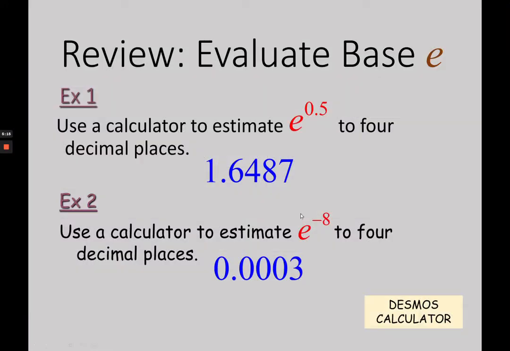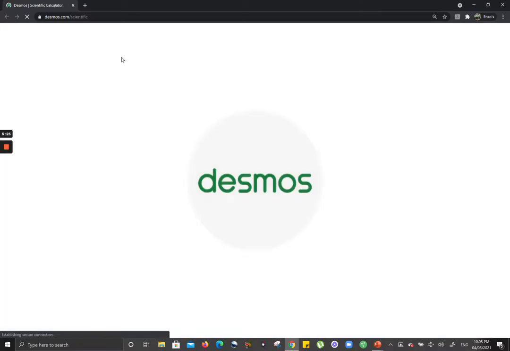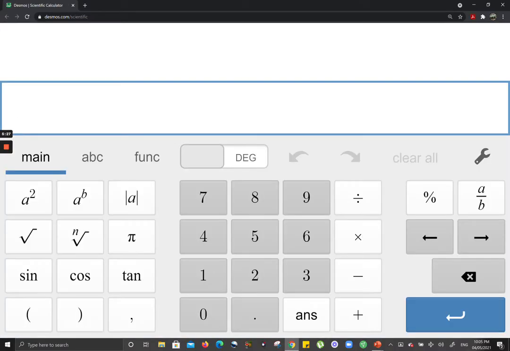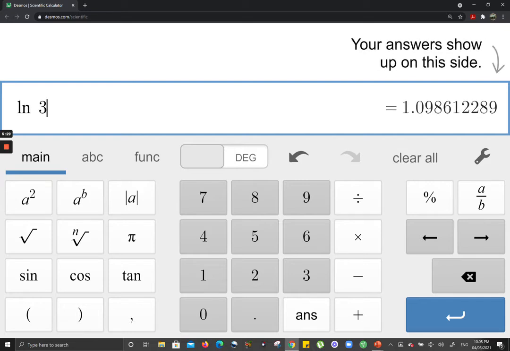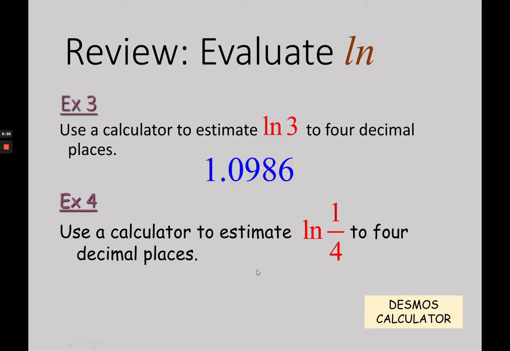Let's go back and proceed. So you have ln 3 using your calculator. I just type in ln 3 and it's 1.0986. And ln 1/4 is negative 1.3863. Experiment with your Desmos calculator.